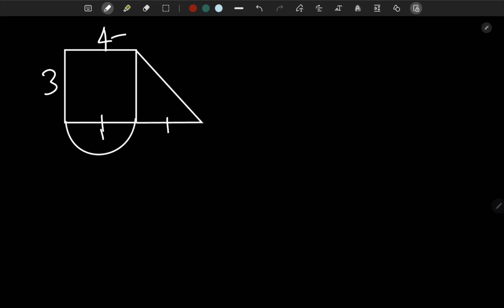The other thing that we notice is that this line and this line mean that these two sides are equal. So this also has to be 4, and this line is the base of the right triangle. So now the formulas are: for a rectangle it's length times width, for any triangle it is half times base times height, and for a normal circle it is pi r squared.